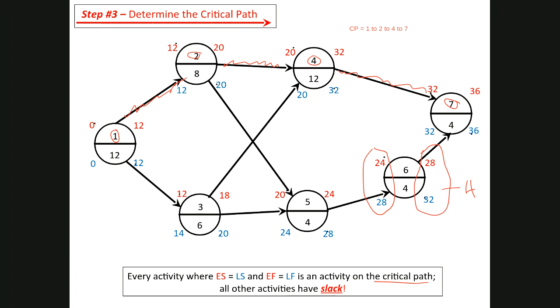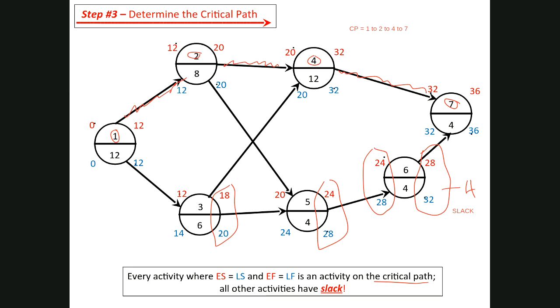So in here, there's 4 weeks difference, and there's flexibility, there's float, if you will. Formally, we're going to call this 4 weeks of slack. And so there's 4 weeks of slack in task 6 because there's flexibility between these early start times and late start, earliest finish and late finish. And of course, that's the same for task 5, there's 4 weeks, and you'll notice for task 3, there's only 2 weeks of slack.